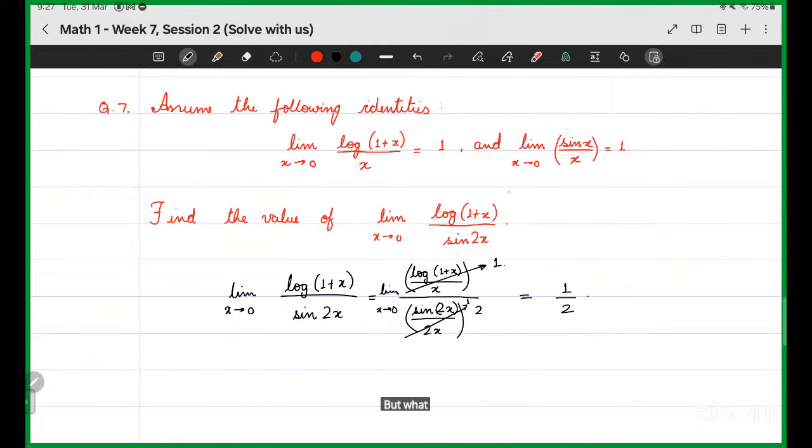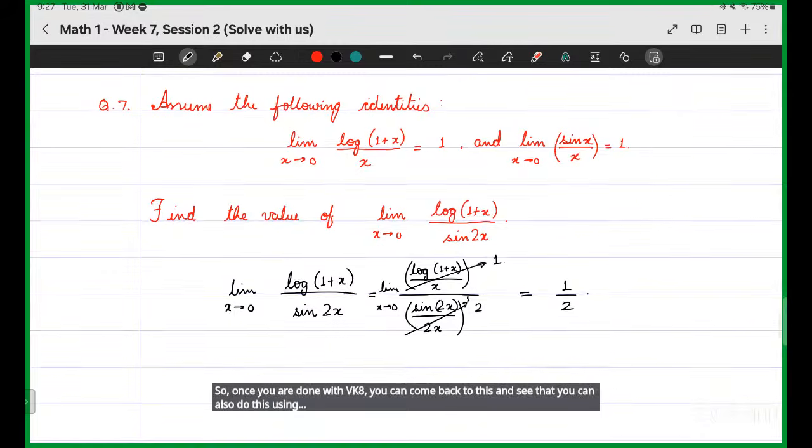But what happens if you directly plug in 0 in this expression? That will be in 0 by 0 form. So direct substitution doesn't work over here. Instead, we converted it to a form for which we know certain identities. Once you're done with week 8, you can come back to this and see that you can also do this using L'Hopital's rule.